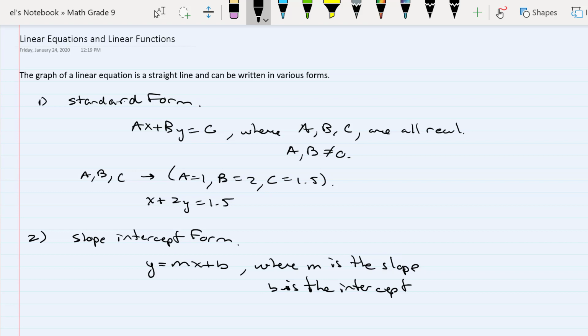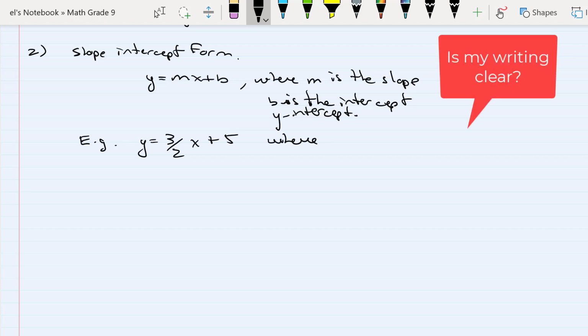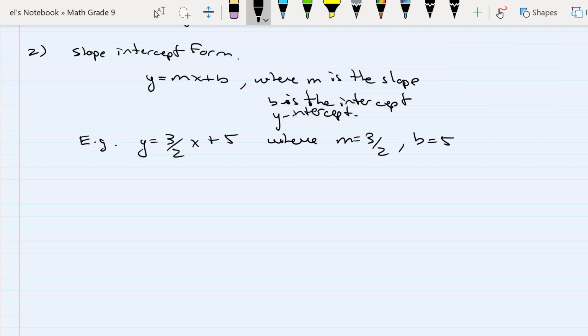Or we should say the y-intercept. For example, y equals 3/2 x plus 5, where m equals 3/2 and b equals 5.